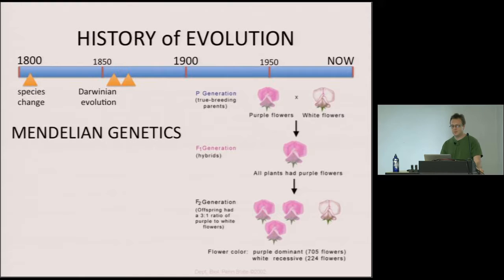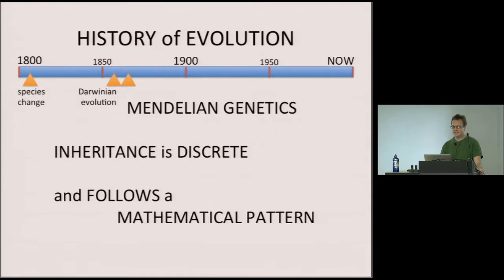And so the take-home message for what he discovered was that inheritance is not this blending, it's a discrete process. So you get traits that are inherited in a specific pattern, and those patterns can be mathematically described. And different traits can follow different mathematical patterns.